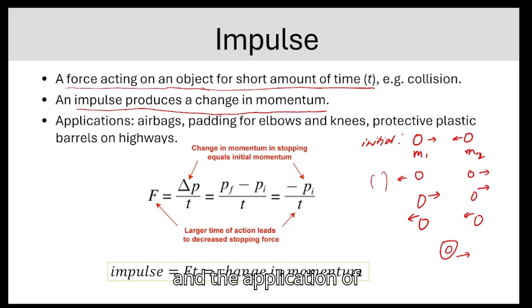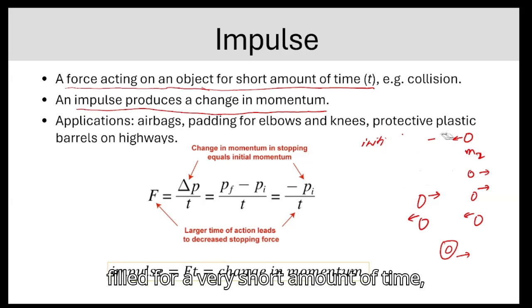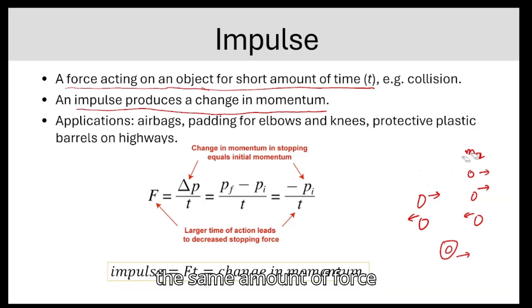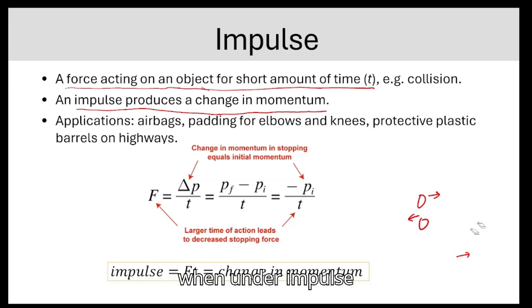And the applications of impulse are in different cases, because impulse is felt for a very short amount of time. The same amount of force under impulse has a higher destructive property.